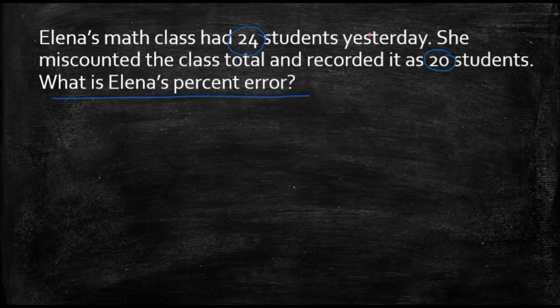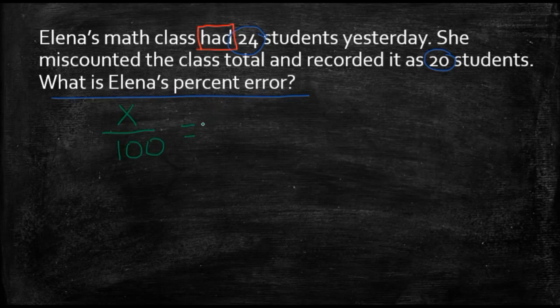And we also know, let's see, miscounted. So we know that's percentage of error. It actually had 24 students. All right, so those are the words that I can see in there that I find relevant. We know that our variable is the percent of error because that's what we're trying to find.